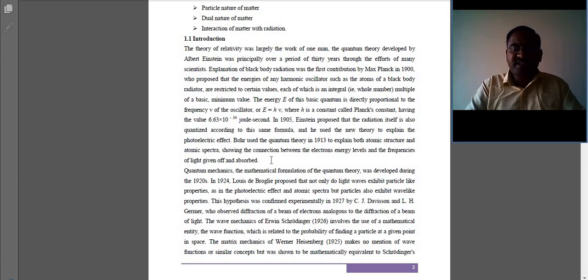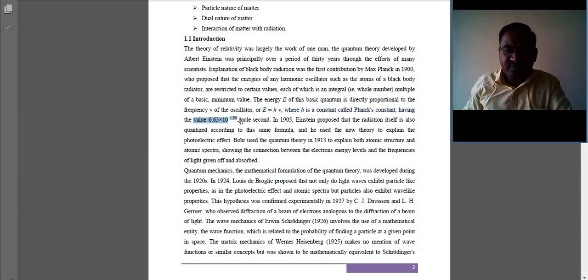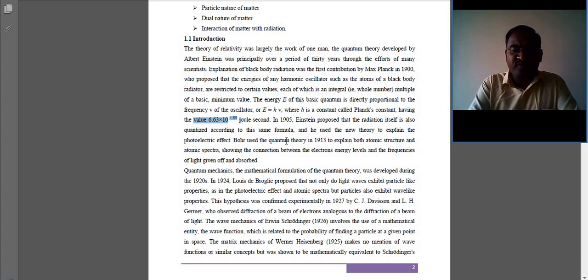That energy is the product of Planck's constant and frequency of the radiation. We know that Planck's constant value is 6.63 into 10 to the power of minus 34 joule second. Mu is the frequency of the radiation.